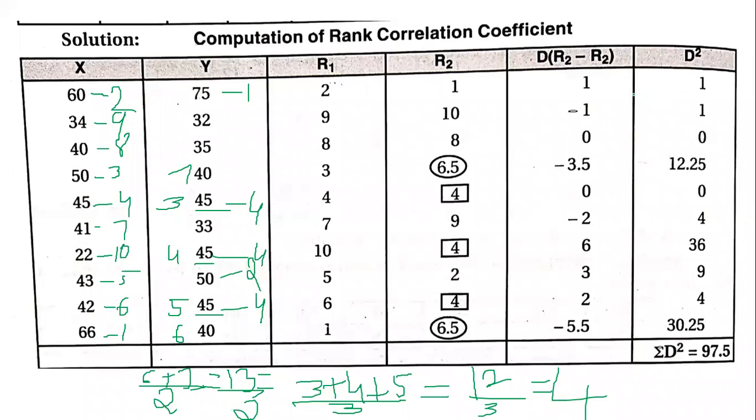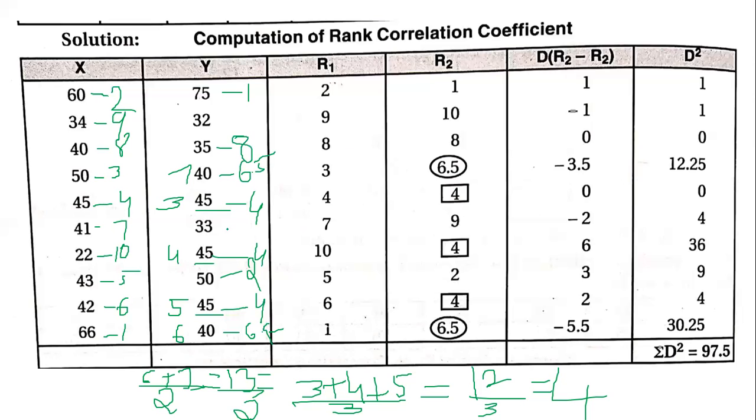Okay. So here the rank is going to be 6.5, and again here the rank is going to be 6.5. So 6th and 7th position is done. Now what is the next number? The next number is going to be 35, which is 8th rank.